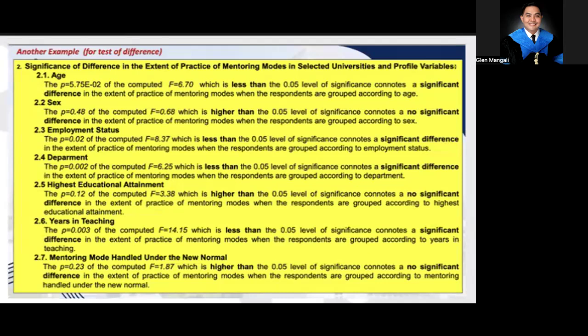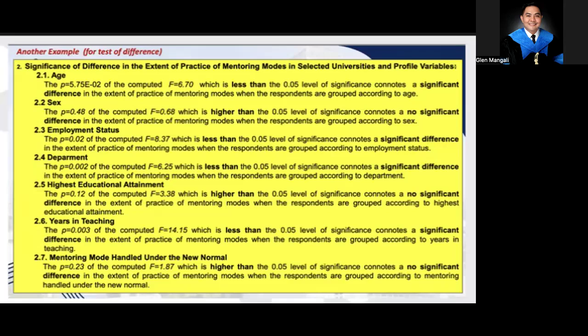So you will notice here that in the summary, I just highlighted on the p-value and then the interpretation of that, and as to whether this is significant or not. So you can see that in item 2.1 all the way to 2.7.